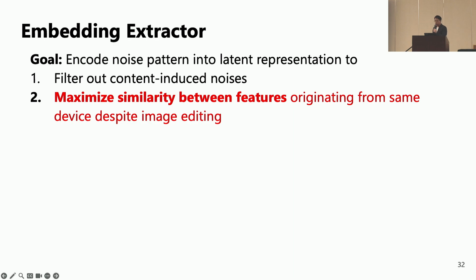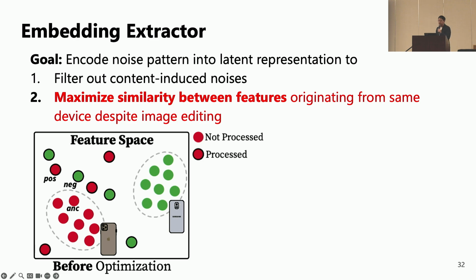Second, the triplet loss optimization enhances feature similarity for images from the same device, even after image editing. Initially, processed images may fall outside the cluster of unprocessed images, and processed images from different cameras can overlap, and it's an undesirable outcome.